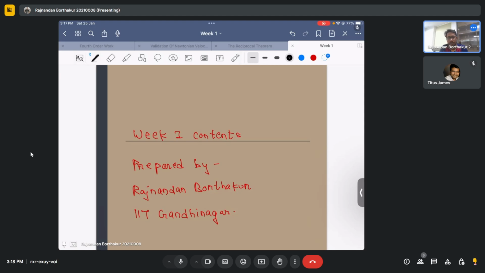This session is meant to be for 2 hours, but it's not a hard and fast rule that we will always take a 2 hour session, because I understand that 2 hours is a long session. It's a time slot that we are allotted, but if you feel at any point of time that this is being stretched too much, or that today we have done a bit of hard calculation so we want to end early, please let me know.